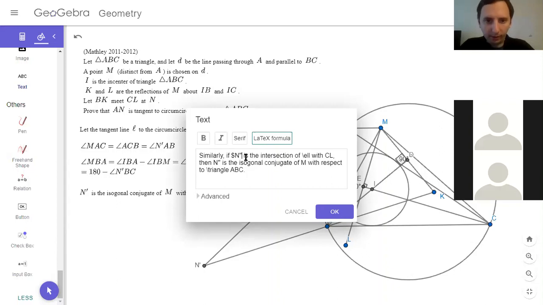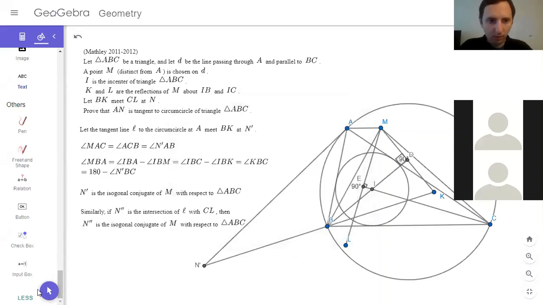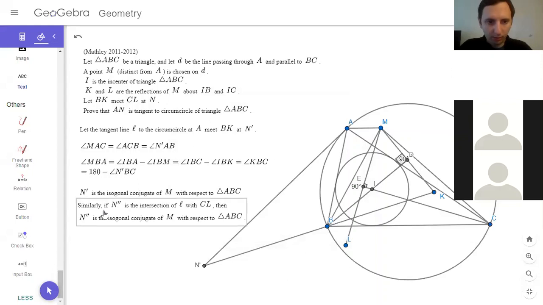So that means that N double prime is equal to N prime. All right, so N prime equals N double prime equals N.